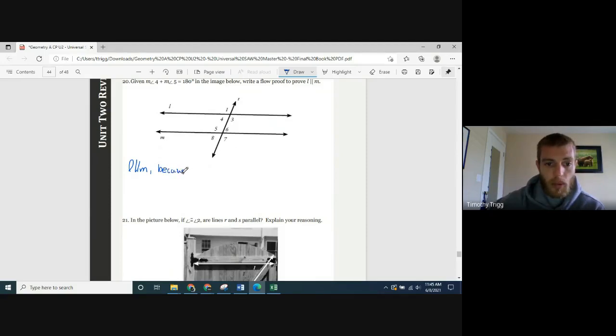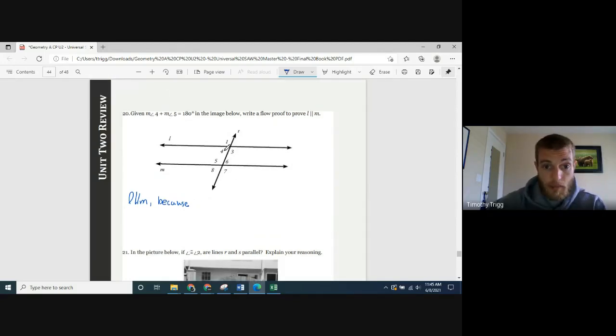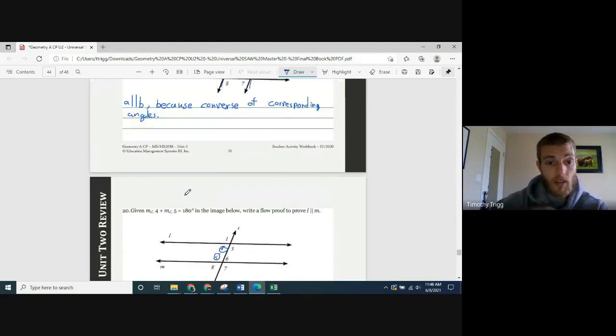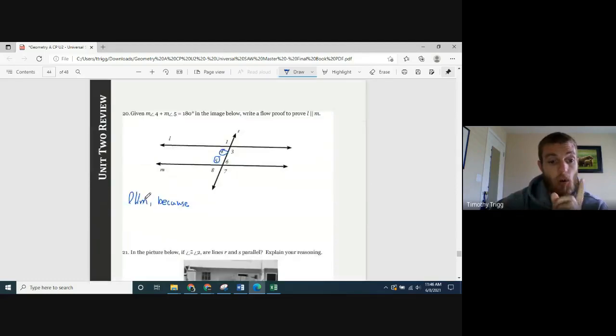So we would look at our two angles that they're talking about. In this case, angle 4 and angle 5. And they say that they're supplementary to each other. So what's the relationship here between angle 4 and angle 5? Hopefully you can see that they are same side interior. Now remember, I discussed this in the last problem. Whenever you're showing lines are parallel, you're going to be using converse of something.